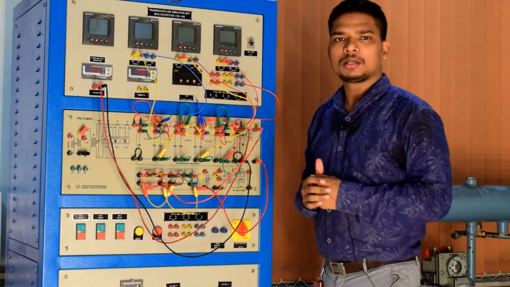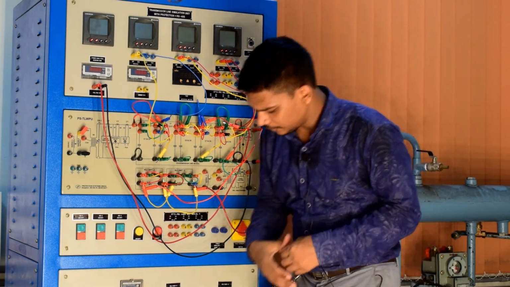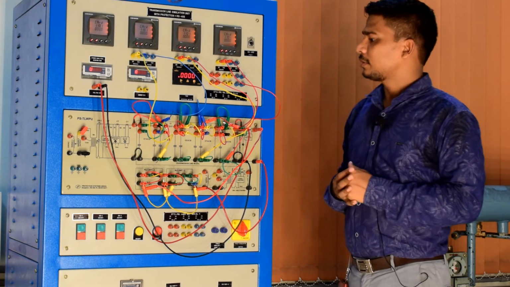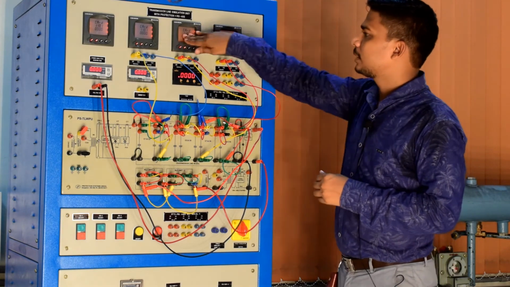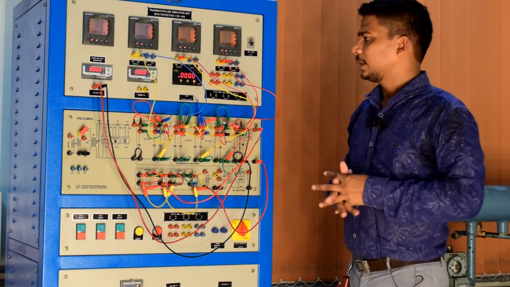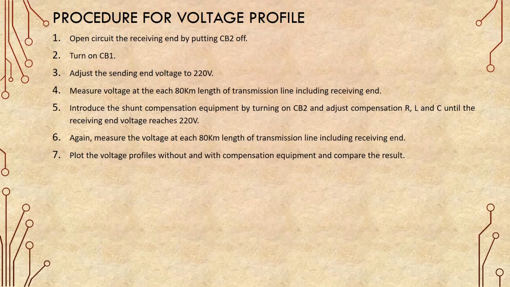So follow the procedure. First of all, I have to turn on the panel, and as you can see, after turning on the panel, the power analyzer backlight is glowing and it shows 0 and 0. Our first step is to open circuit the receiving end by putting CB2 off.